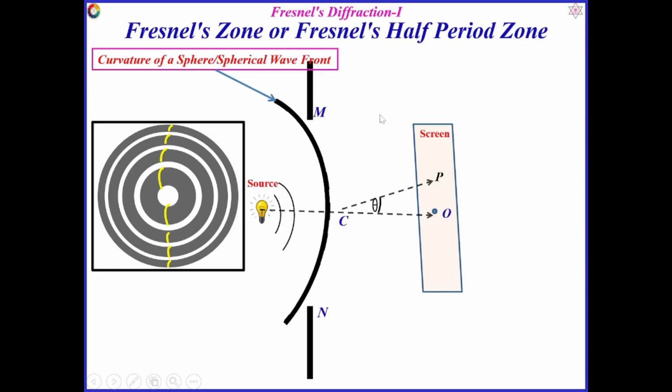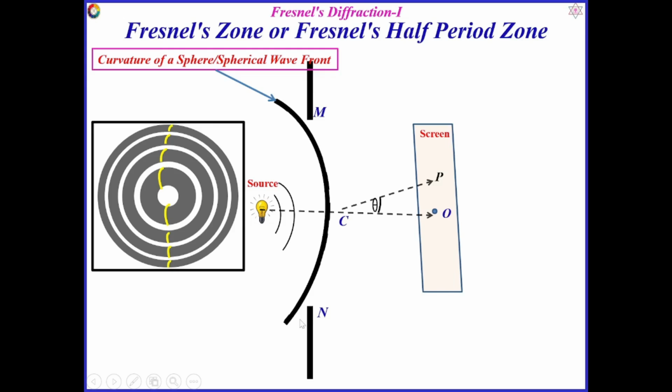Okay, next we are going to go for Fresnel's zone or Fresnel's half period zone, and how it is constructed. As we discussed in our previous slide, when the wavefront strikes a slit, it passes through, and this much portion and this much portion are blocked.